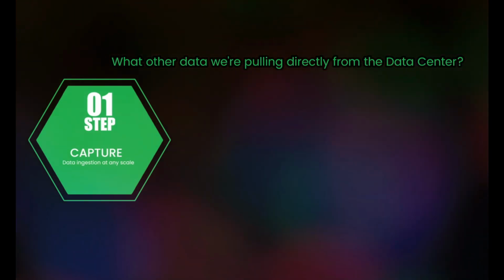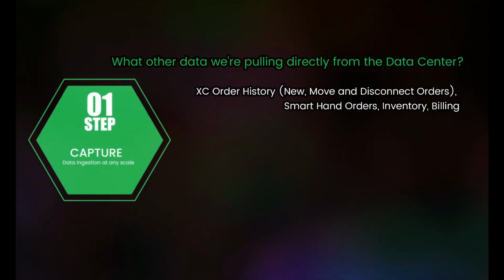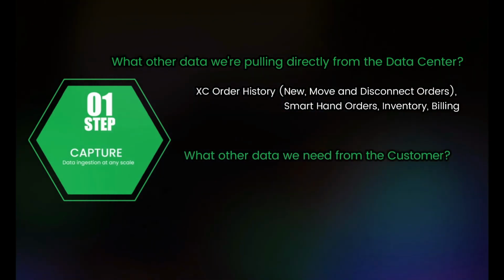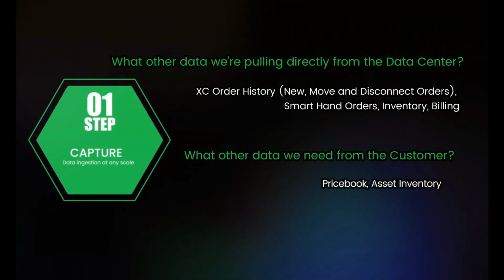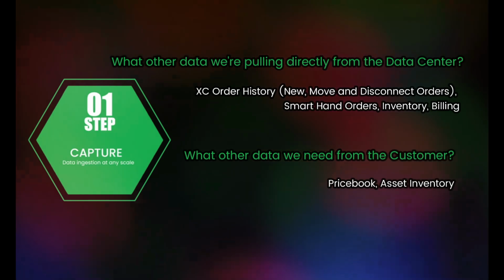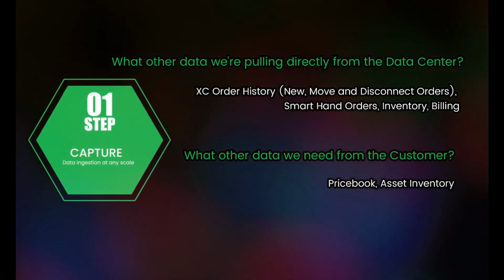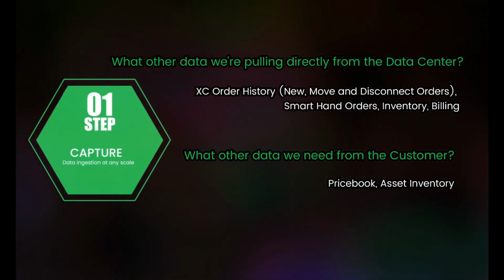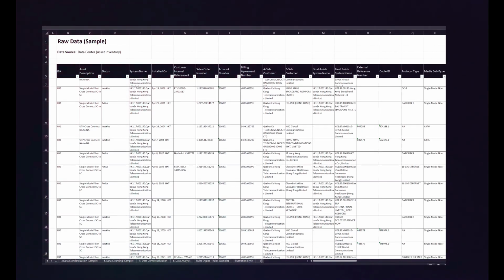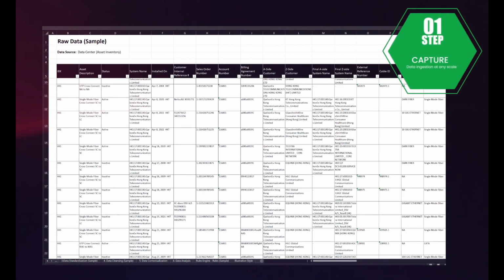Our journey begins with raw data sourced from both the data center and our customers. This includes various data types such as asset inventory, cross-connect order history, billing, and price book, amongst others. In this example, we use the data center's API to directly retrieve the asset inventory data for this process.